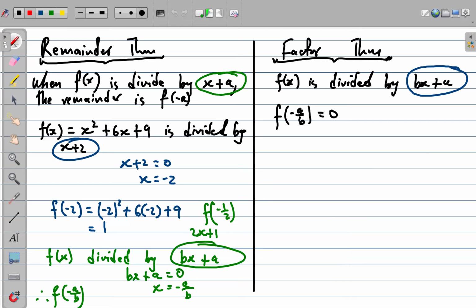If you try to find the remainder of a polynomial when dividing it by a linear factor, and the remainder is 0, the factor theorem says that linear factor is a factor of the polynomial.